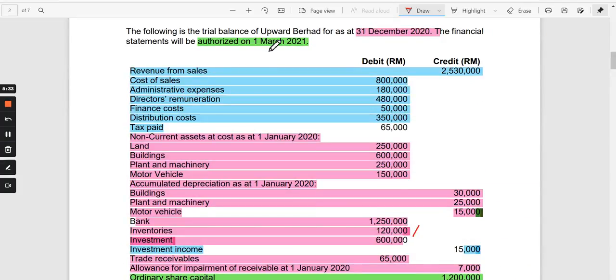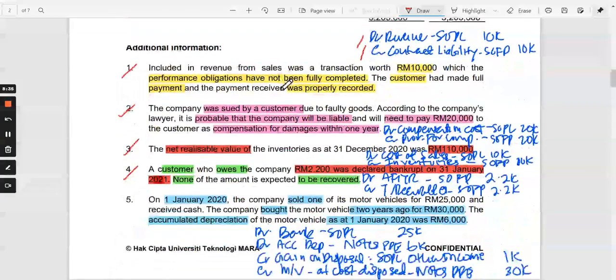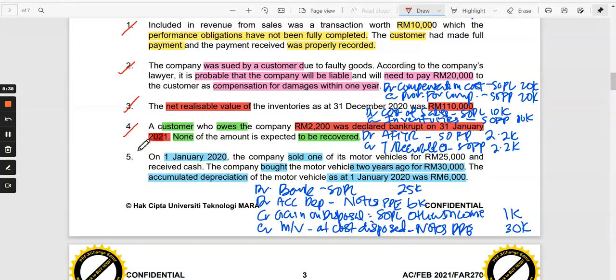Authorization date was 1st of March. And this is actually an event after the reporting period, and this is an adjusting event since the declaration of bankruptcy happened on 31st of January. So that event provides further evidence on the condition that existed as at the reporting date.